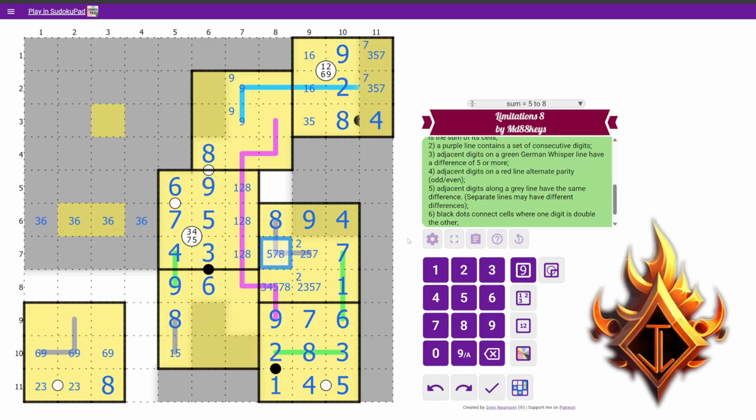Oh, let's do this. That cannot be 8. 8, 7, that has to be 5. That has to be 2. Eight, 5, 2. 9 cannot be in the middle.